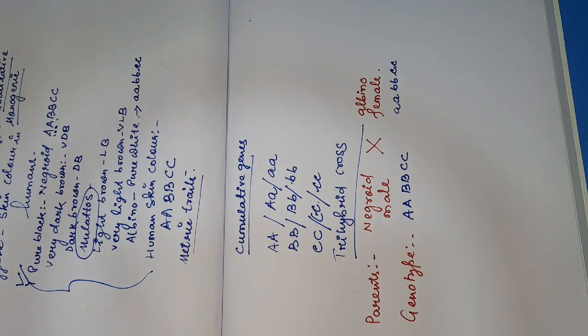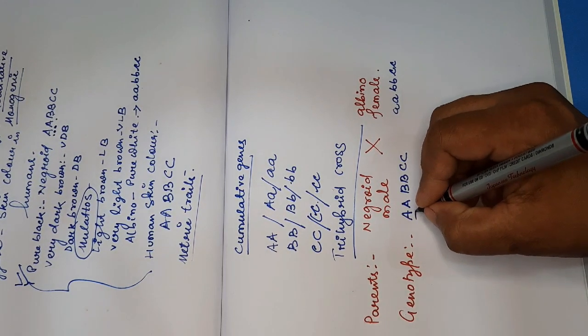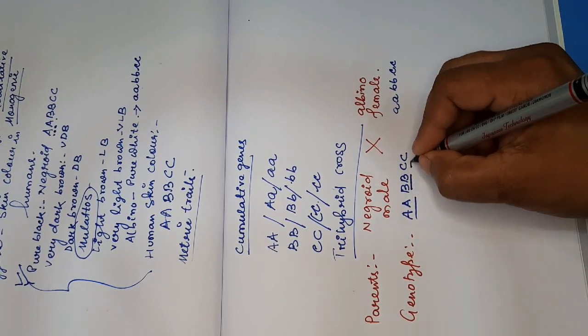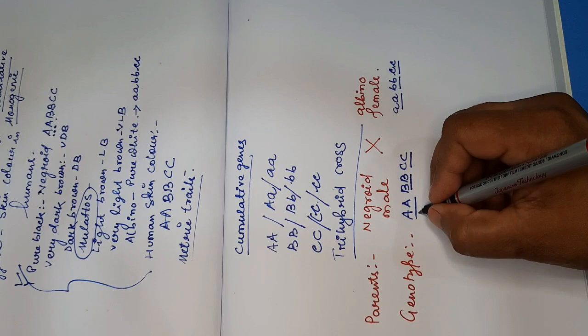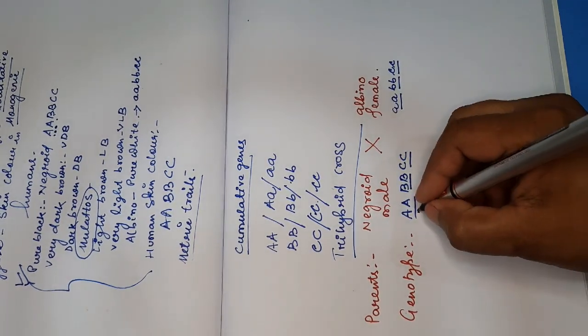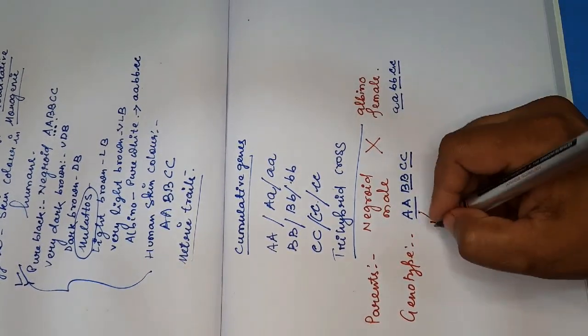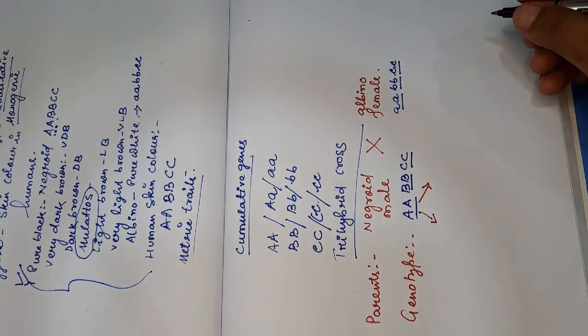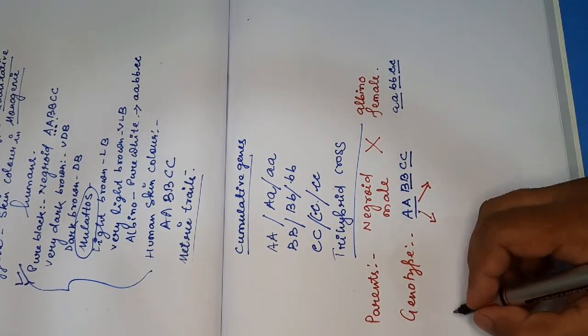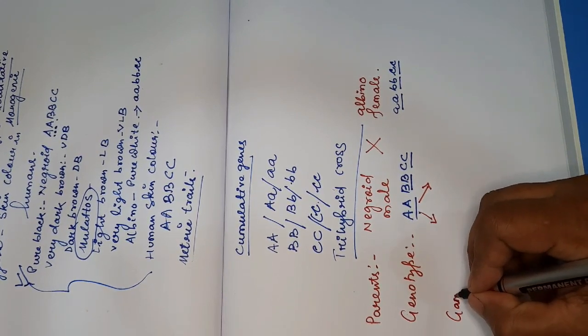As I have said, these genes will be inherited independently. So not to commit any mistake, try to underline all the 3 pairs of genes separately, and from every pair try to move one gene towards the production of the male gamete, the other gene towards the production of the female gamete.